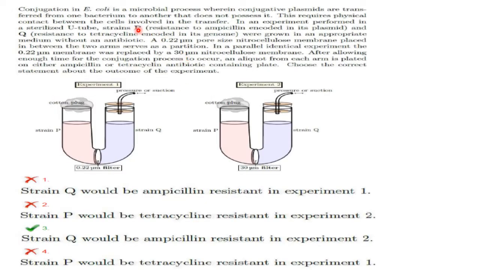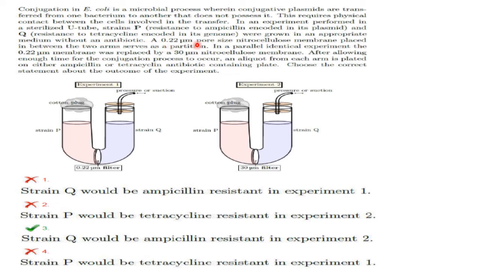Then next one. Conjugation in E. coli is a microbial process wherein conjugative plasmids are transferred from one bacterium to another that does not possess it. This requires physical contact between the cells involved in the transfer. In an experiment performed in a sterilized U-tube, strain P, resistant to ampicillin encoded in its plasmid, and Q, resistant to tetracycline encoded in its genome, were grown in an appropriate medium without an antibiotic.